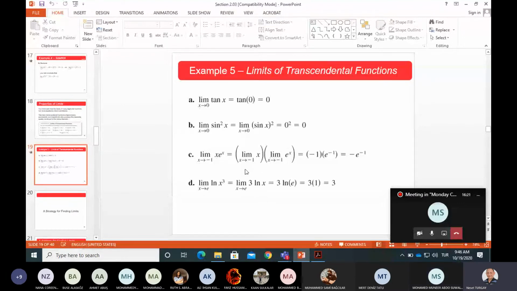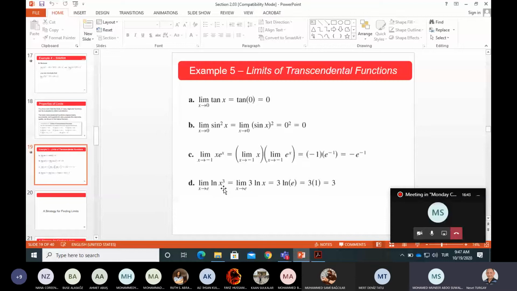What we learned today, you can separately look at the limit and multiply. What is this? This equals minus 1. What is this? This is an exponential function. Now your a is e here. This is e to the power minus 1. The answer is minus 1 times e to the power minus 1.